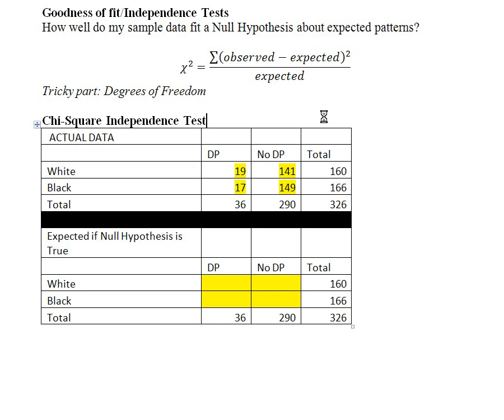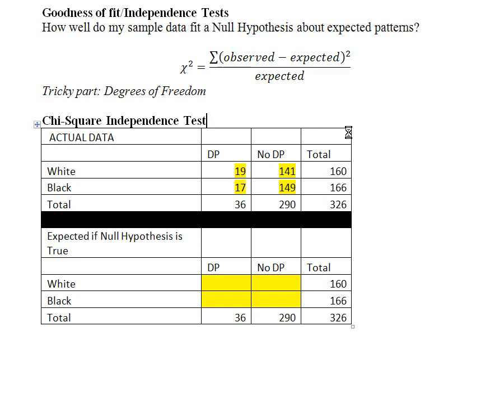Now, the idea of statistical independence is that knowing a characteristic of something or someone does not change the probability that something else happens. So let me say that again. In formal statistical language, we say that the probability of A given B is the same as the probability of A. In other words, knowing something B doesn't change the probability that A happens.